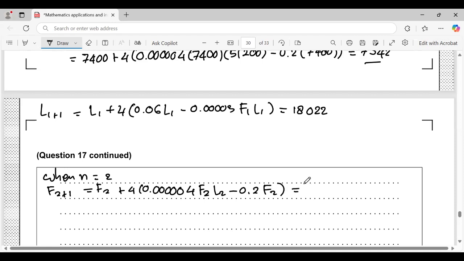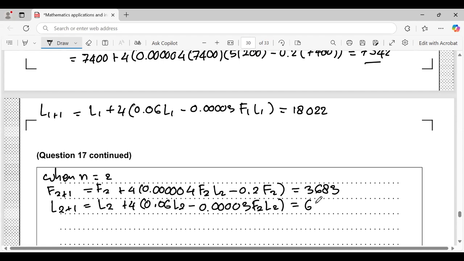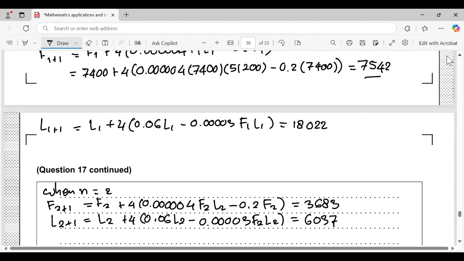And if you calculate, the result is 3,683. That is for F. And L2 plus 1 is L2 plus 4 times (0.06 L2 minus 0.00003 F2 L2). And the result is 6,037.